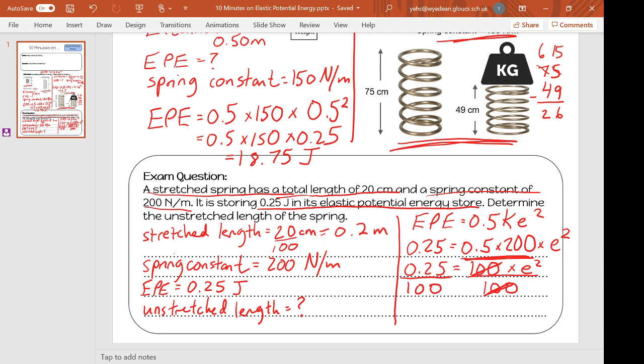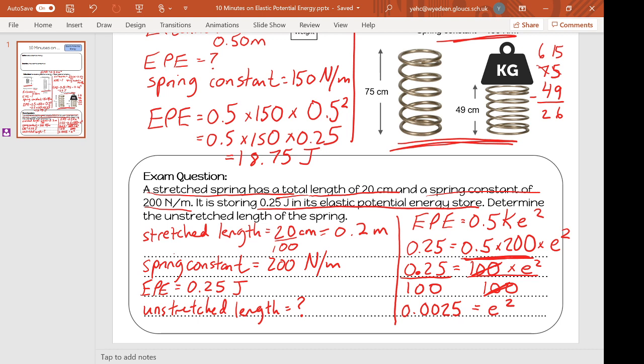Now, I'm going to stick the 0.25 divided by 100 into my calculator. That gives me 0.0025 is equal to E squared. But remember, I need extension. I don't want extension squared, so I'm not actually done yet.